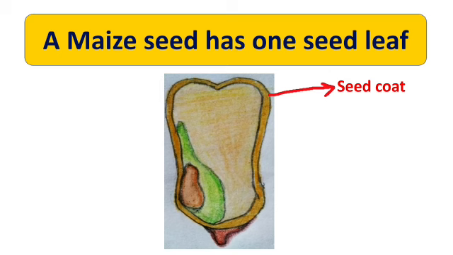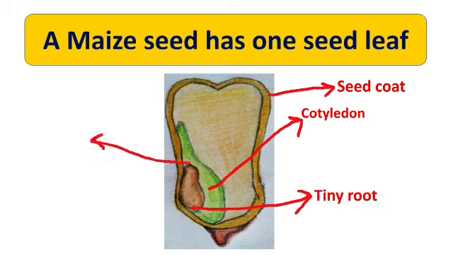You can see the seed coat. Now see this greenish portion. This is the cotyledon, and it is only one cotyledon. In monocot seeds there is only one cotyledon. From here, these are tiny roots where roots will develop, and this is the tiny shoot. I hope now you are clear about the parts of seeds and their types.